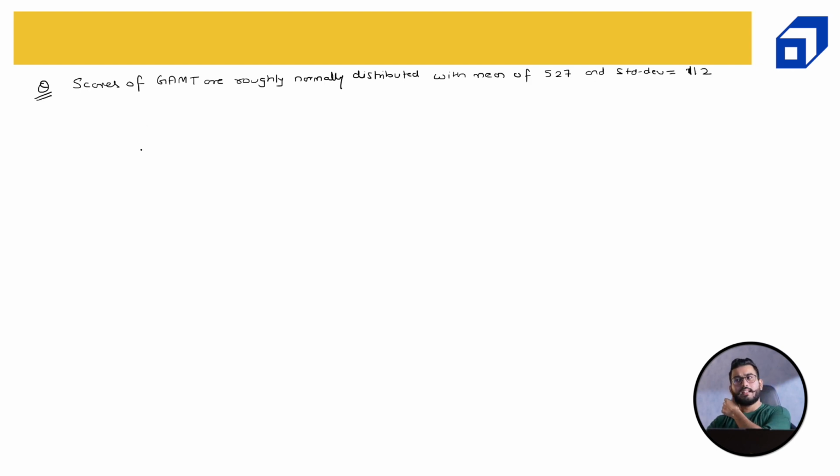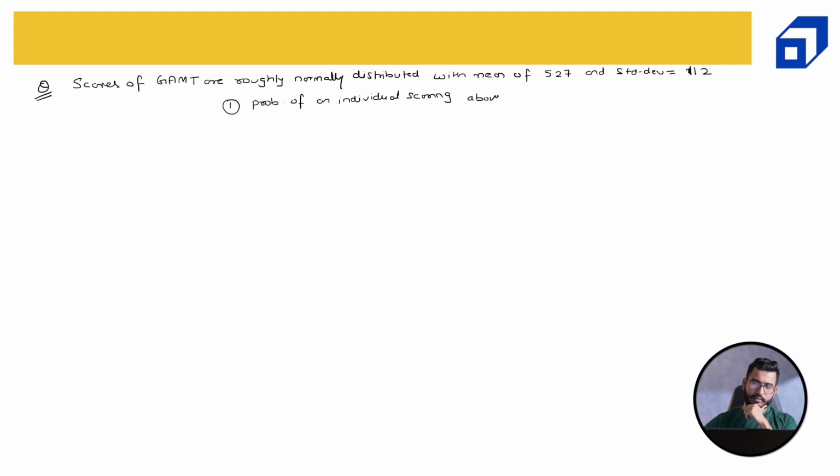What is the probability that an individual is scoring above 500? So my first question is: probability of an individual scoring above 500.